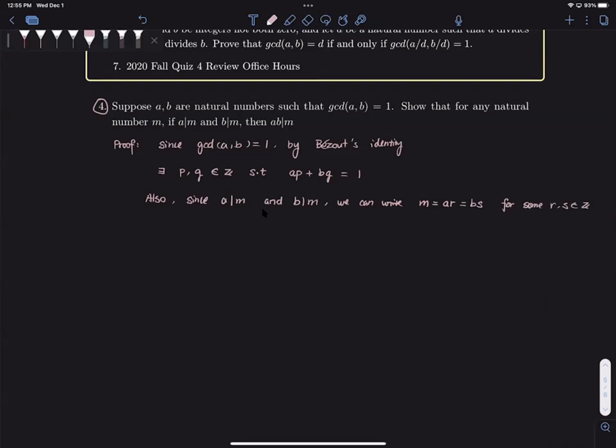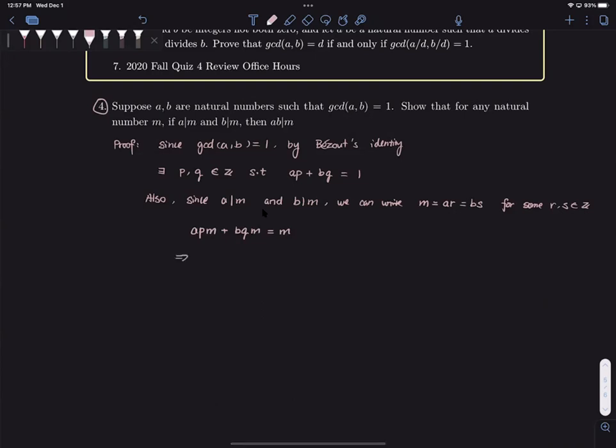Okay, now what do we do? Now we multiply by M on both sides. APM plus BQM equals M. What do we do next? We substitute.